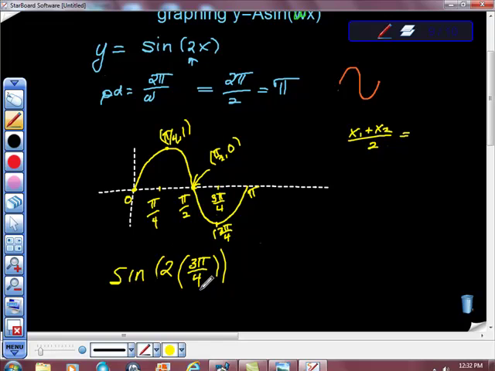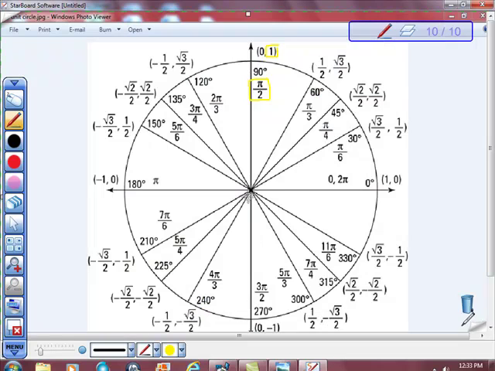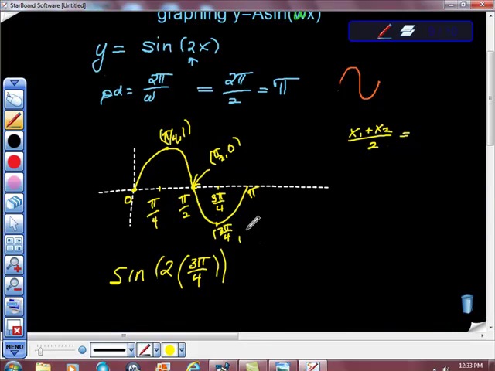This 2 cancels, this goes to 2, and I get the sine value that actually should go with 3 pi halves. Its sine value is -1. So I go back here, and I can tell this is my -1. And then this is pi, 0. So this can be done.